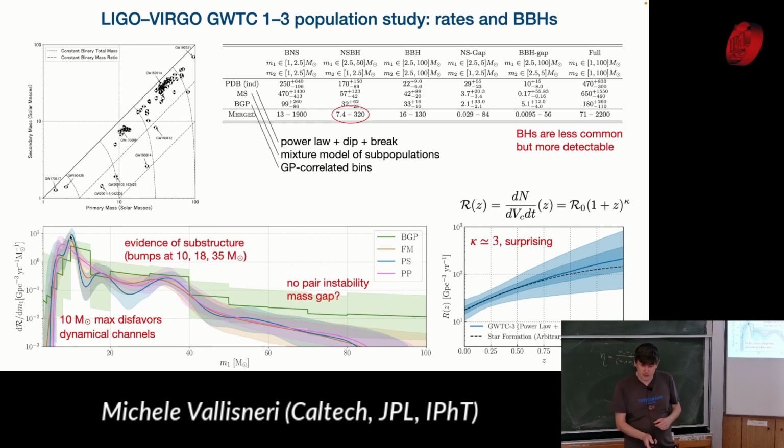Okay, so this is the estimate for the density in that gap. For events that are in the gap regime, where one of the masses is there, it's very small, but it says NS gap, for instance, is where the primary mass is between 2.5 and 5, and the secondary is a regular neutron star.